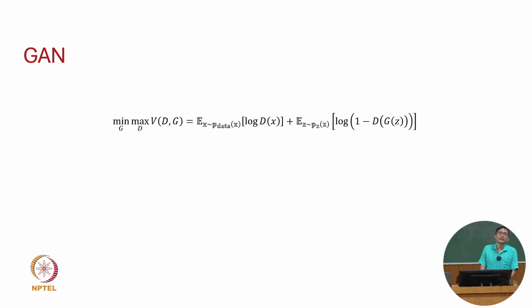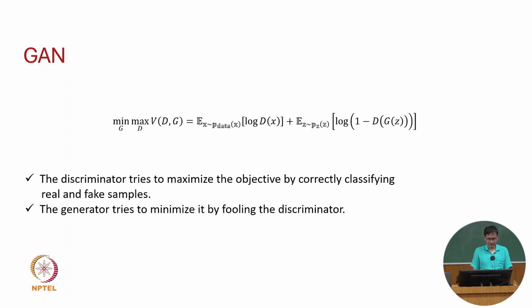And now, thinking about our objective in GAN, this can be represented with respect to this equation here, where the discriminator is trying to maximize this objective by correctly classifying the real and fake samples.